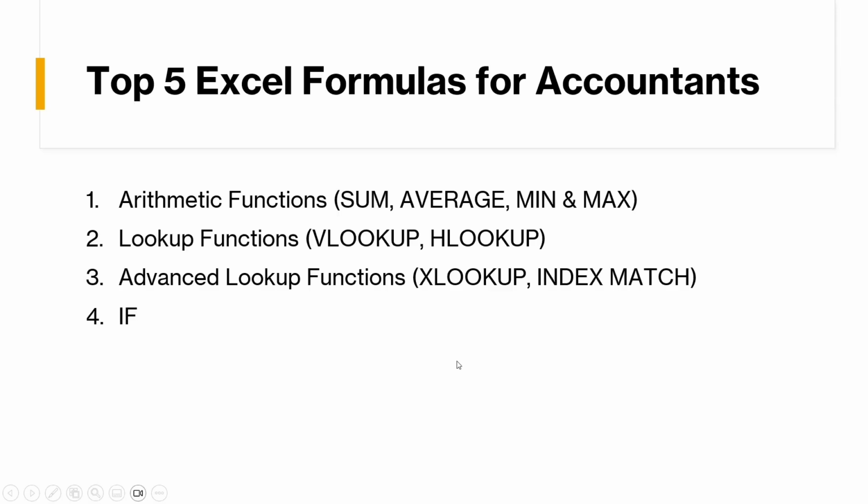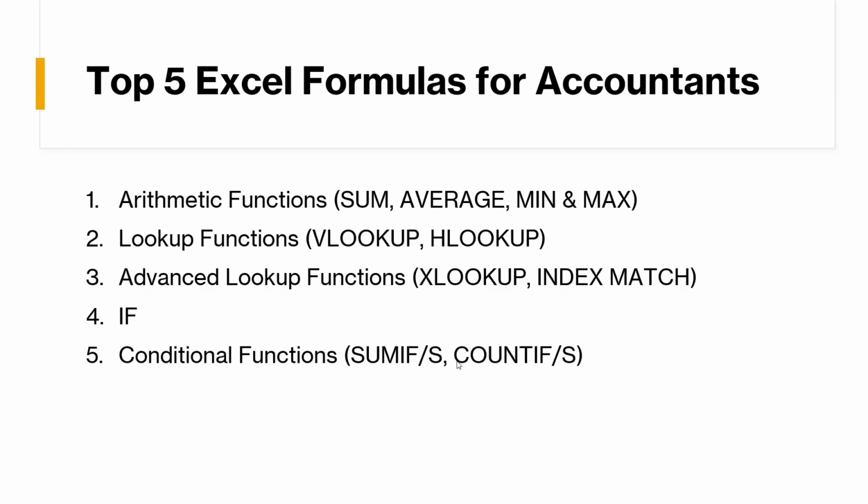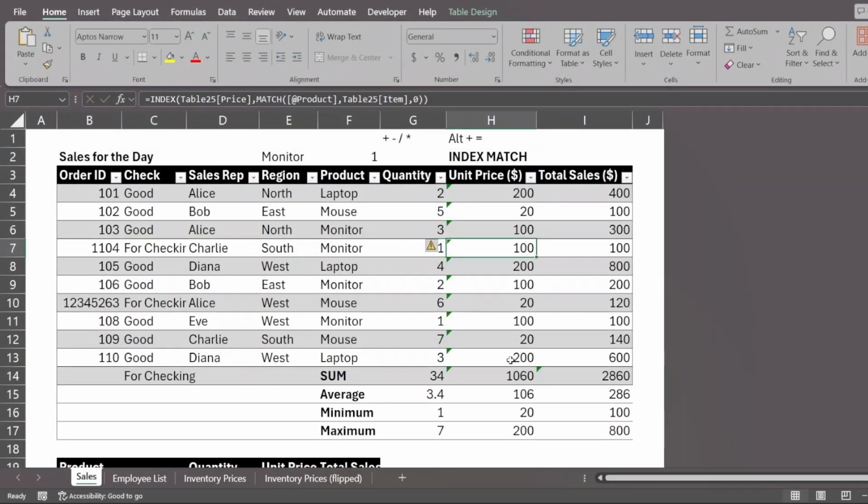For the last set of functions that we're going to be talking about, it's actually conditional functions. So it's not just if, that's the conditional function. You also have additional formulas that can do really cool things like SUMIF and COUNTIF. For this video, we're going to be focusing on SUMIF. Now, where do we use SUMIF?